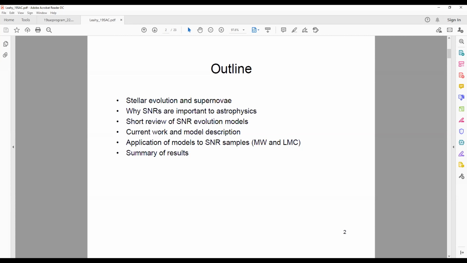Then talk about the results when we apply these models to large samples of supernova remnants, and we're going to look at both Milky Way samples and LMC. I'm currently working on SMC, but I don't have anything ready yet.